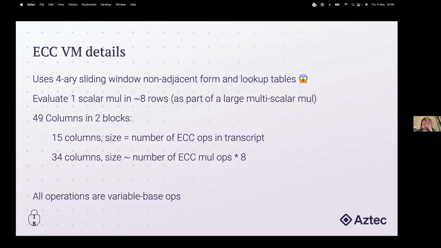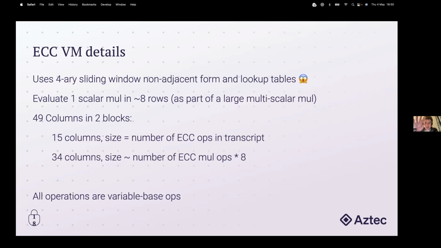The second block of columns in your circuit is for scalar decompositions and point table computations. You take each input scalar multiplier and decompose it into this 4-bit non-adjacent form version, verifying that the decomposition is correct. Then you write those decomposed values into a lookup table. So for a given point index and a given round of your scalar multiplication algorithm, you put the value of your sliding window scalar into a lookup table.